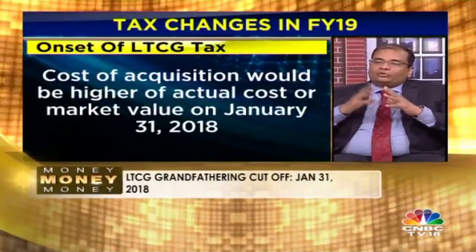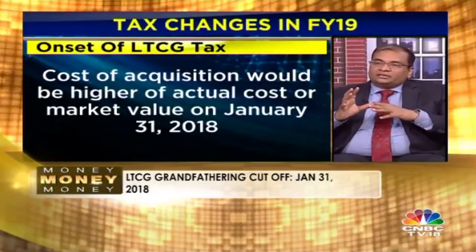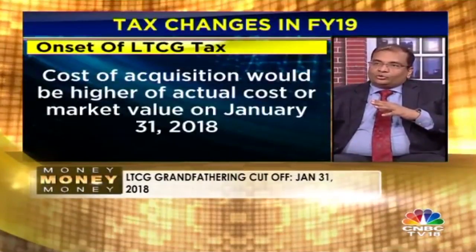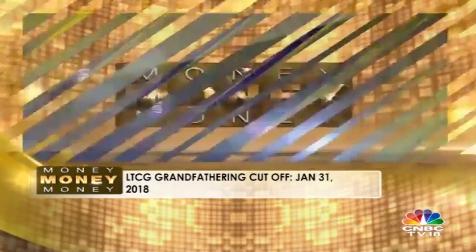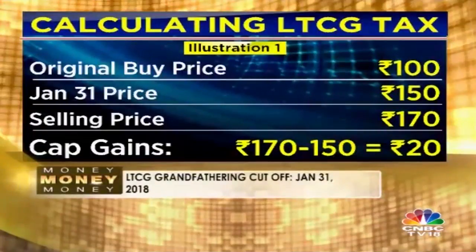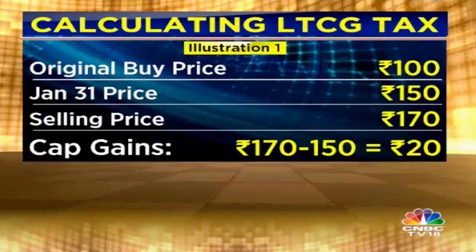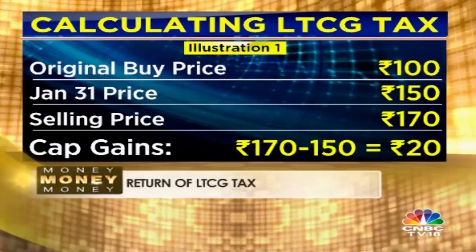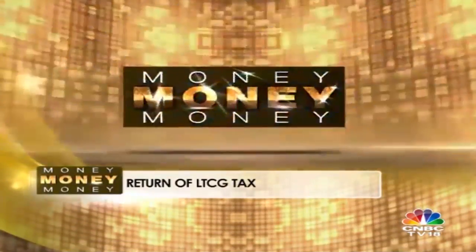How do I calculate my capital gain and the tax thereon? Up to 150, the capital gain which has accrued to a person will not be subject to tax. So on 170 minus 150, that is 20 rupees of additional gain, the person has to pay tax at the rate of 10%.